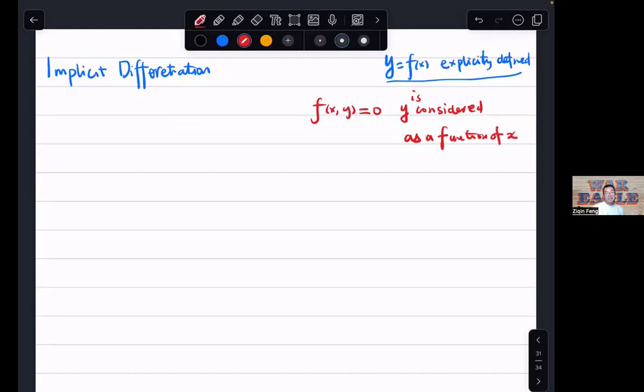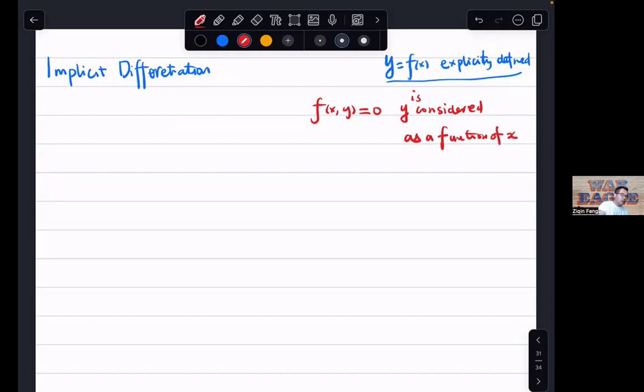As x changes, y changes. And now we still want to get dy over dx, and all the rules or definitions we have learned fail.